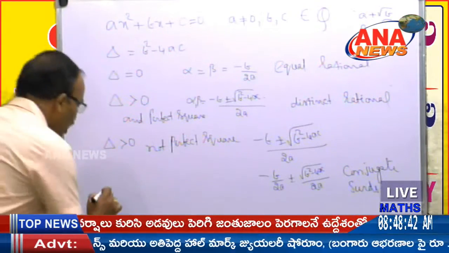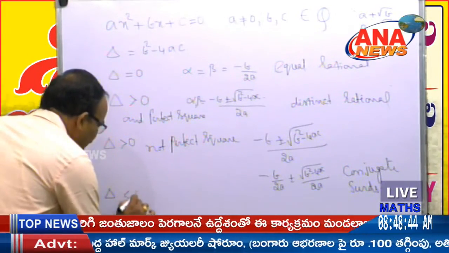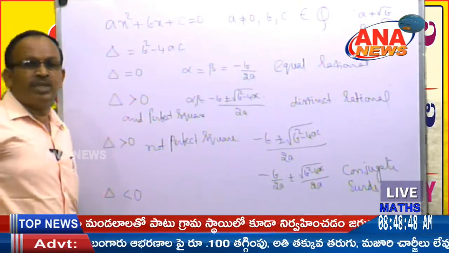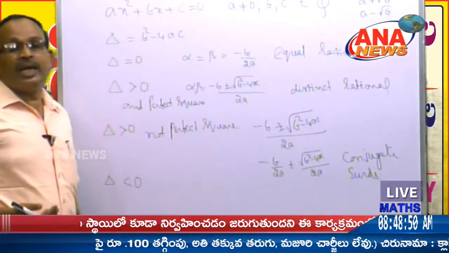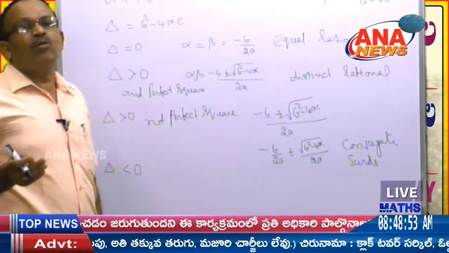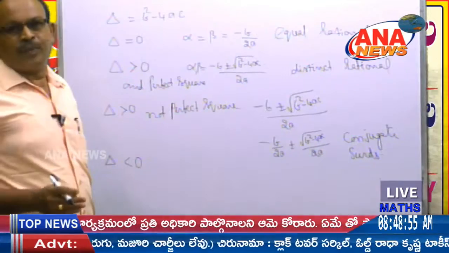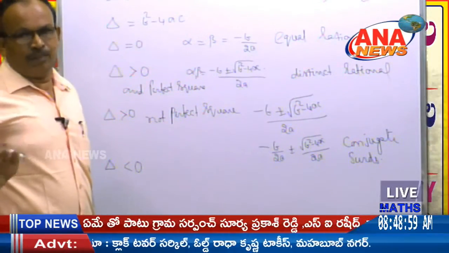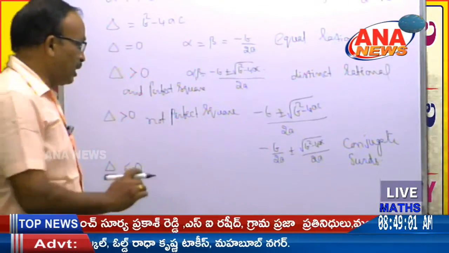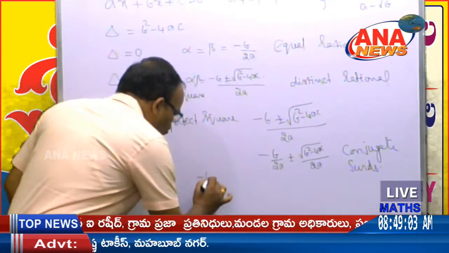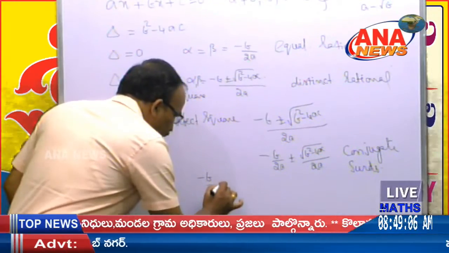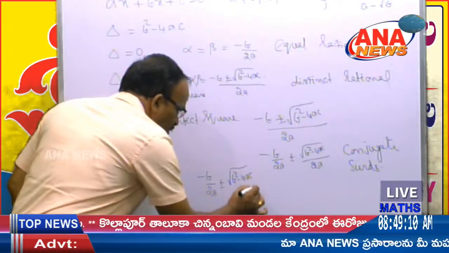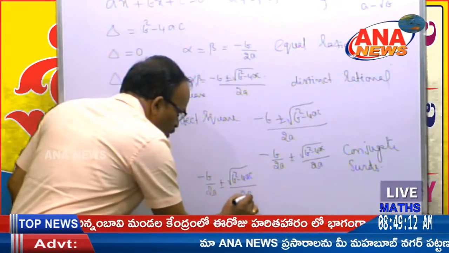Now, another case is delta less than 0. Delta less than 0 means the discriminant is negative, that is, the under-root value is negative. If the under-root value is negative, that is imaginary. So the roots are minus b by 2a plus or minus root over b square minus 4ac by 2a.